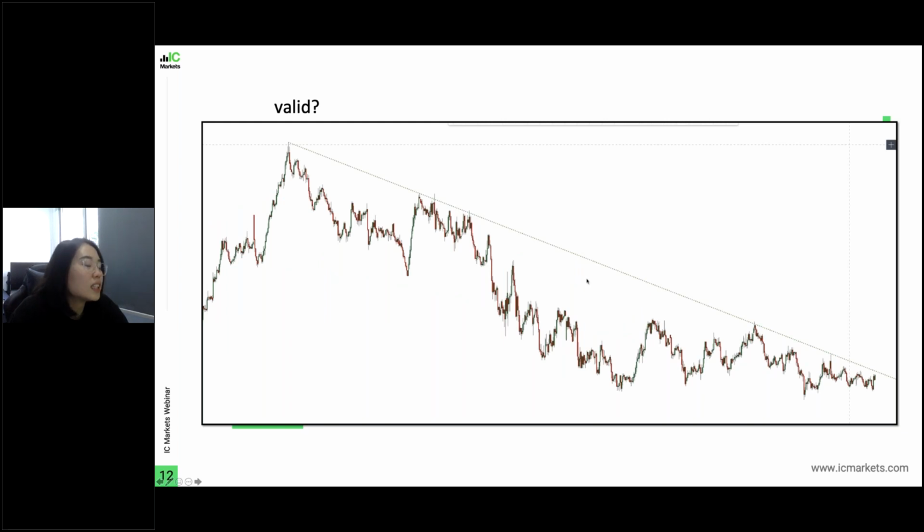Okay, is this a valid trend line? Okay, cool. I think everyone got the gist of it. It is a valid trend line because it's a downtrend and you draw it on the top, and if price were to break this trend line, this will be the start of an uptrend, right?